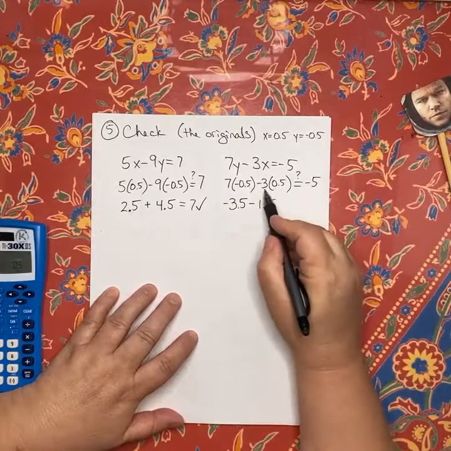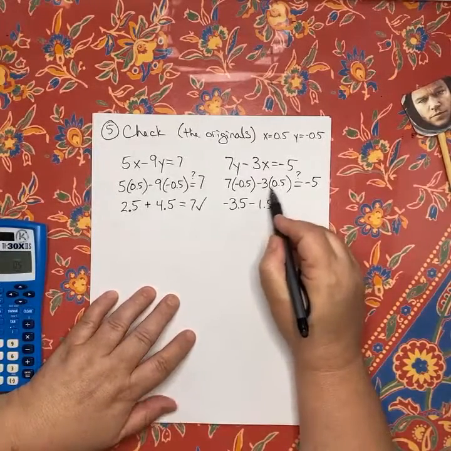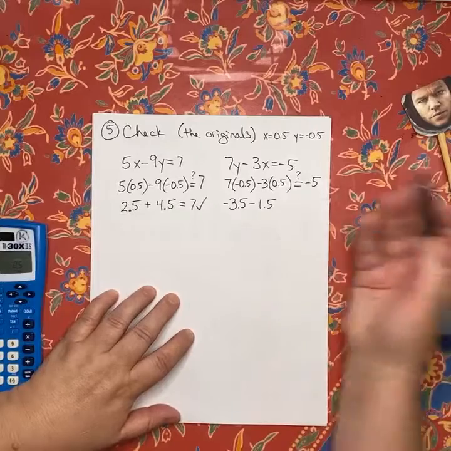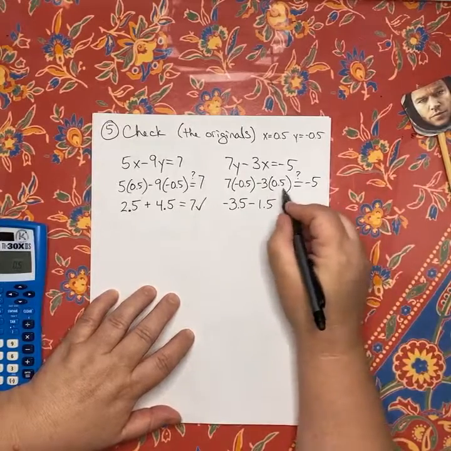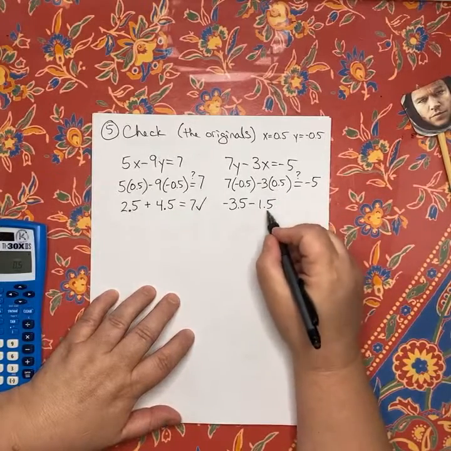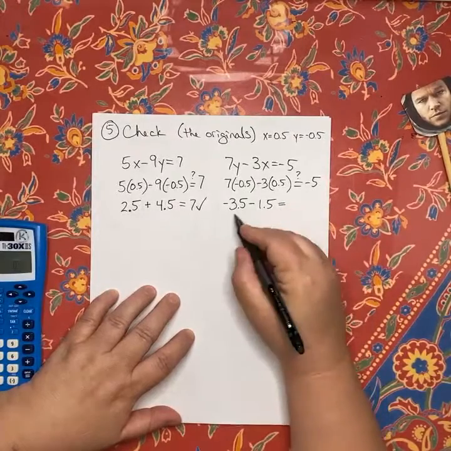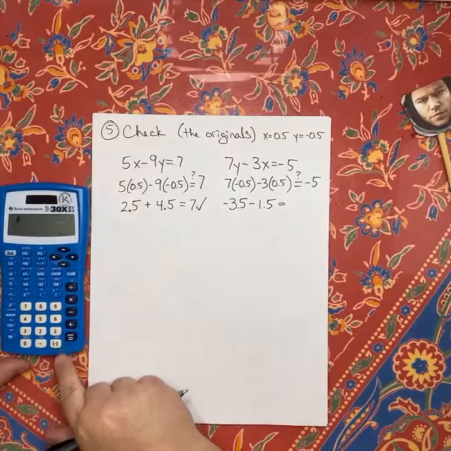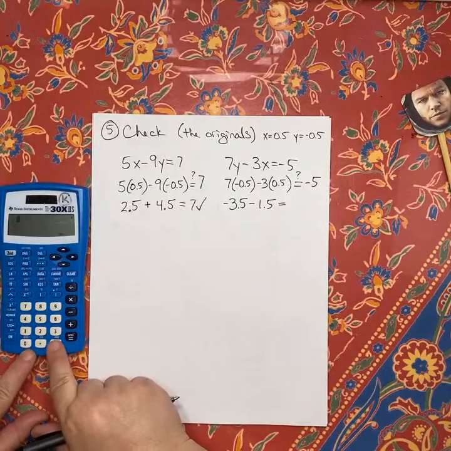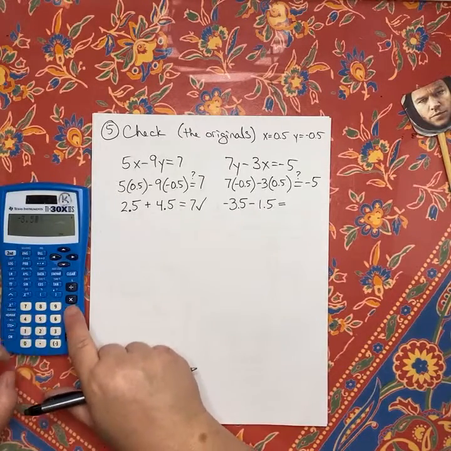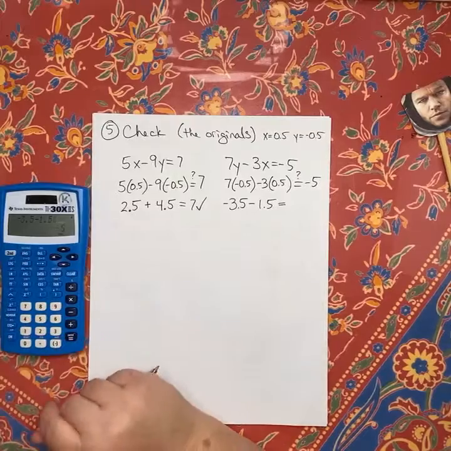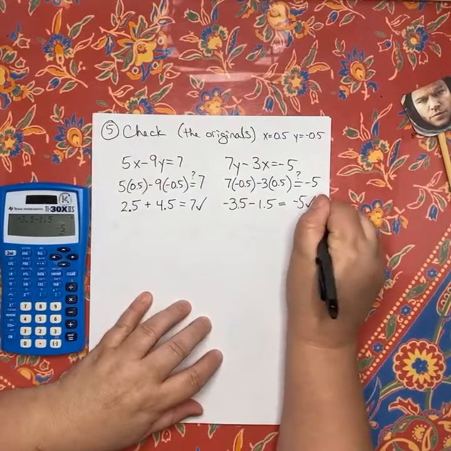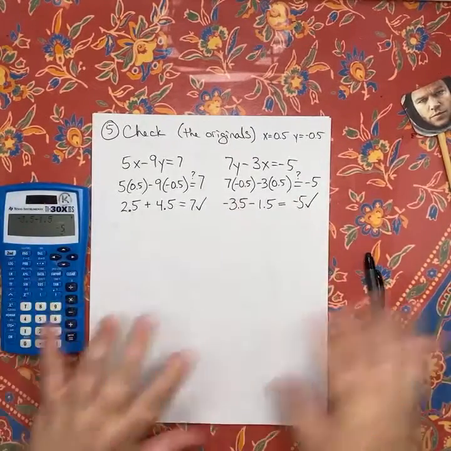Now, if you were like me, when I see this, I thought it was going to be 3.5. My brain was not thinking multiplication. So remember multiplication, so we get that. Does that equal negative 3.5 minus 1.5? You can always double check it. Remember to use the funny negative. Negative 3.5 minus 1.5 equals negative 5. We did it! Yay, yay.